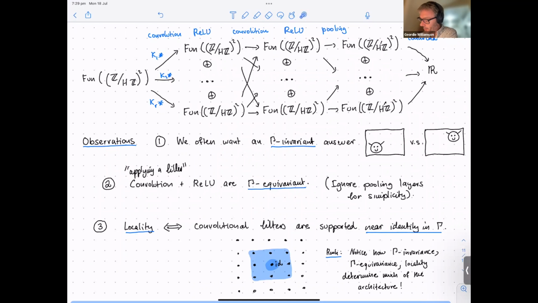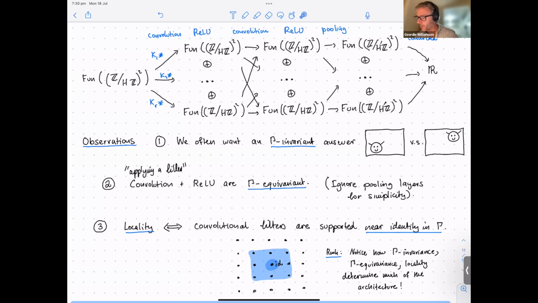Another thing that we often require is that these filters initially are local. That means that as we're going across our image, we're only applying a filter to a small region of our image. And locality is the same thing as the filters being supported near the identity in our group. So they don't change our picture very much.